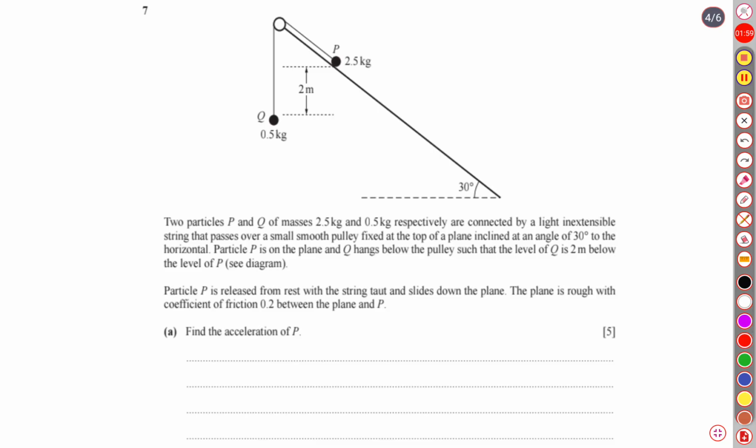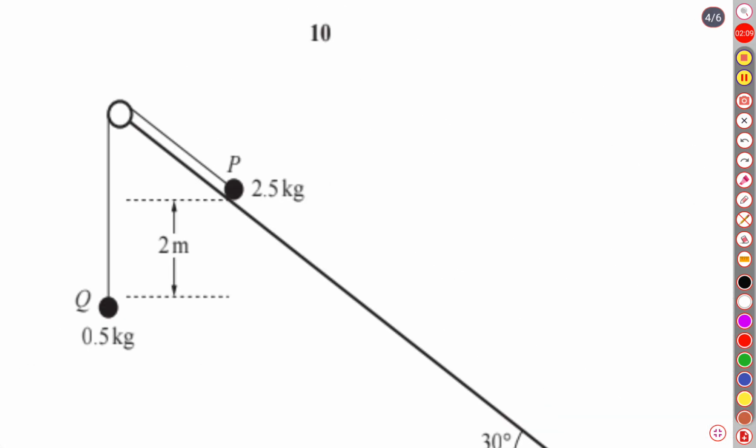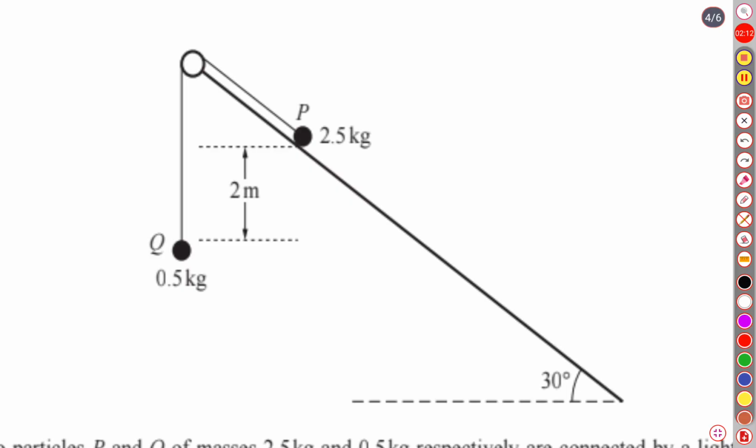So let's see the normal reaction force acting on P. For that, let me draw the scenario. Suppose this is our normal reaction force, which always acts perpendicular to the surface, and this is the weight, which always acts vertically downward.